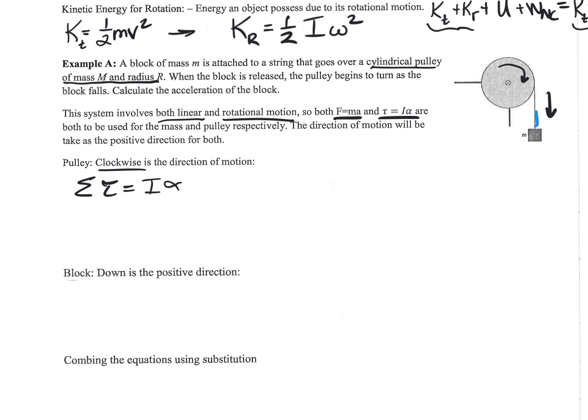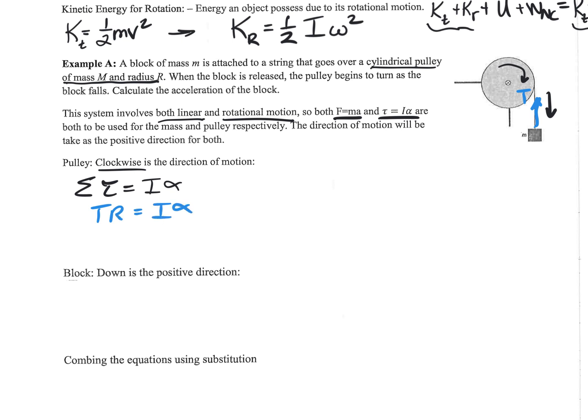Gravity, tension. It is tension, because that's the thing directly touching the pulley and causing it to turn. We don't include gravity. Just the tension times the radius. So what we know is that TR equals I alpha.